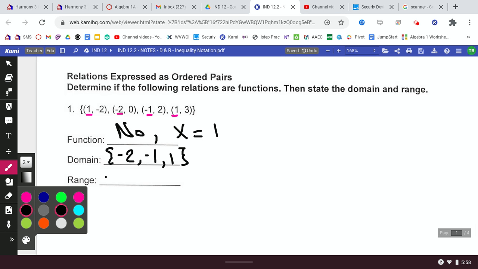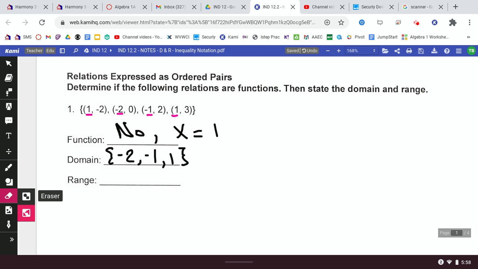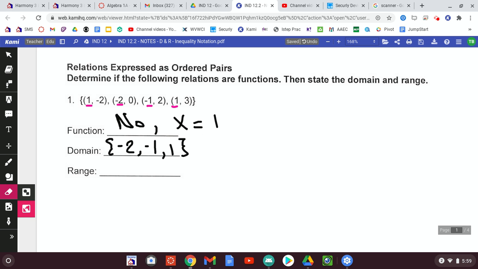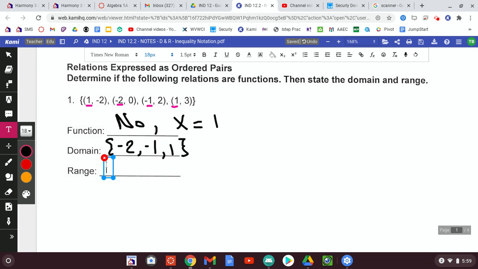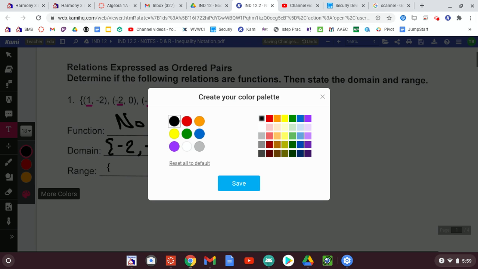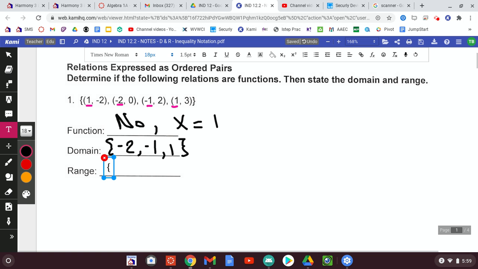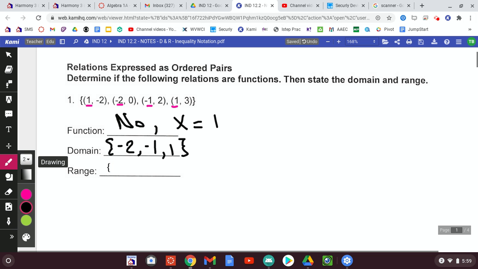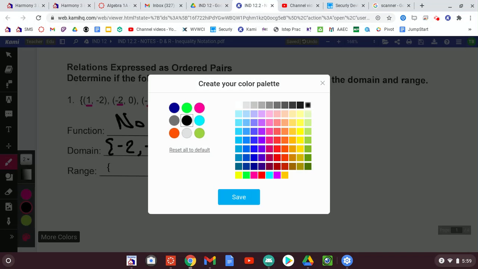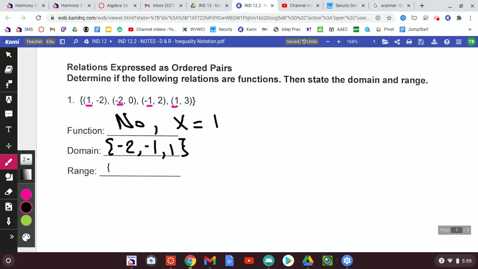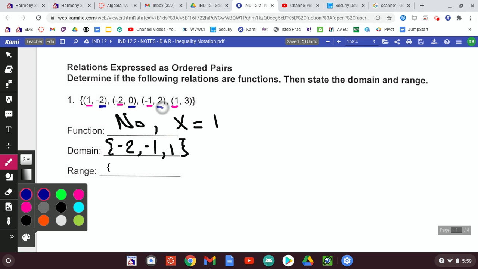And then the range, sometimes I think it is easier to fill in this domain and range with a text box. So if we're going to do that, then we would just put the text box here, and we would do our fancy brackets. And then if you look at our y's, we've got a -2, so for our y's, we have a -2, a 0, a 2, and a 3.